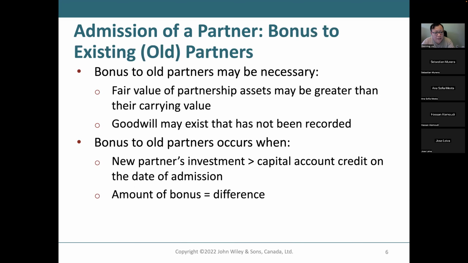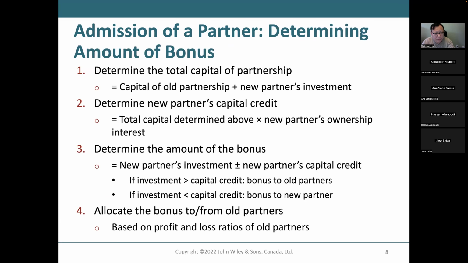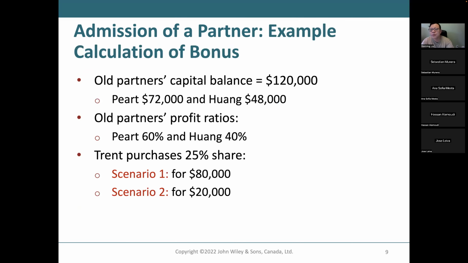Okay, so let's take a look at one example. Suppose the old partners' capital balance is 120,000. Pert has 72,000, Huang 48,000.